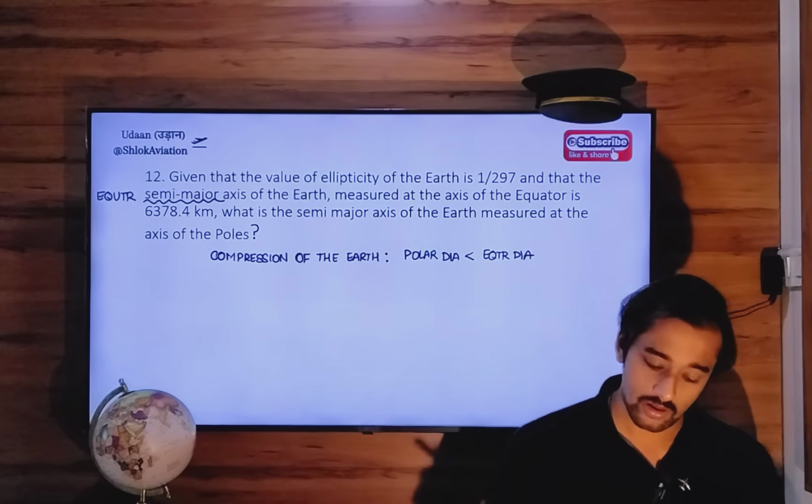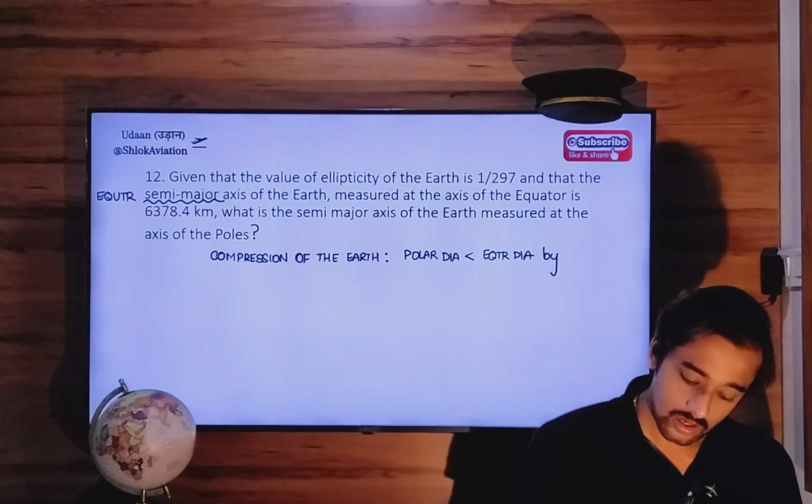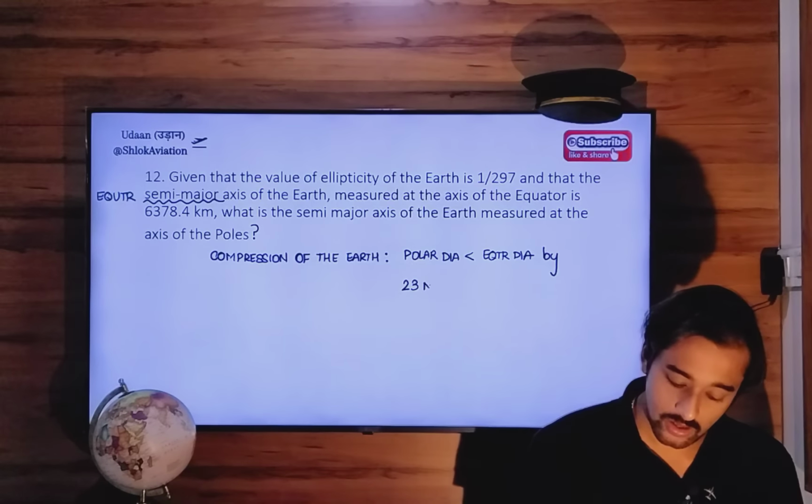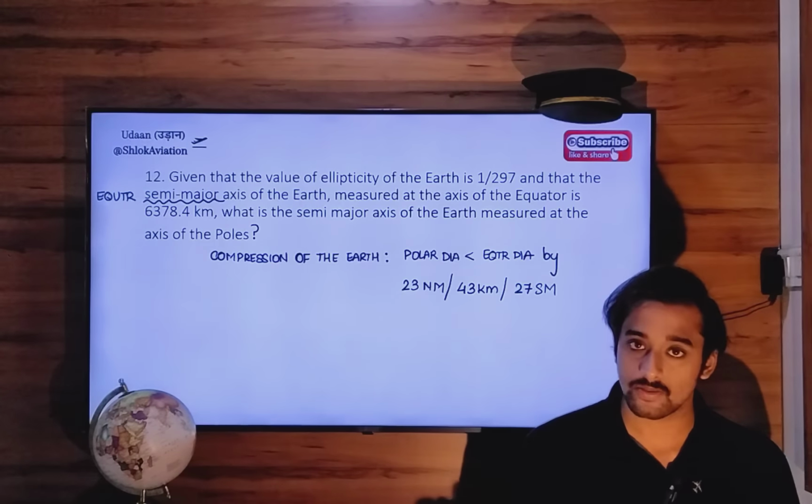By what value? By 23 nautical miles, or 43 kilometers, or some 27 statute miles.